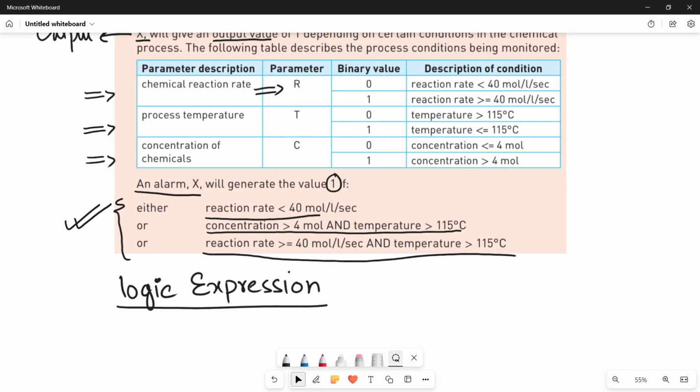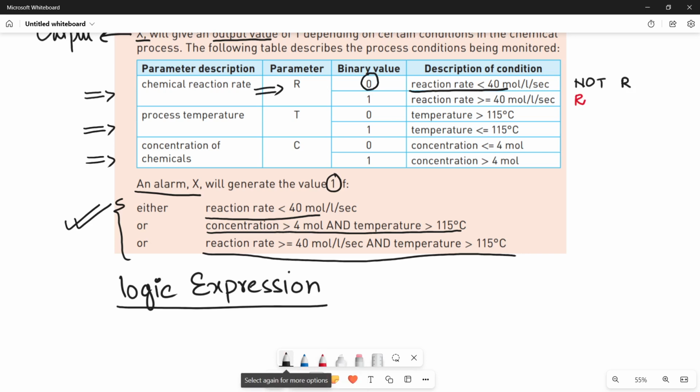If you see the table, then reaction rate less than 40 means that the value of R in this case is 0. And remember that when the input parameter is 0, or having a binary value 0, you will write it as not R in your logic expression. And when it has a value 1, then you will write it as R.